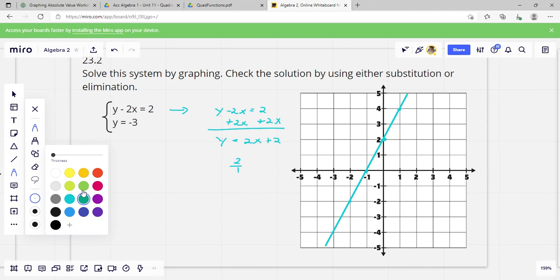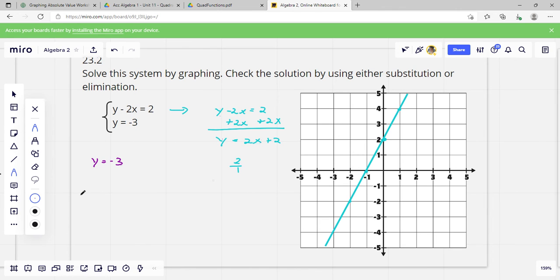We'll use purple. Y equals -3. So that means no matter what x is, y is always a -3. So if x is 0, y is -3. Right? If x is 3, y is -3. So this one's just a straight line.